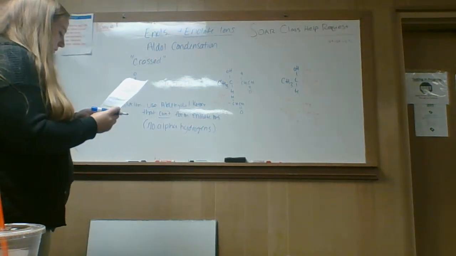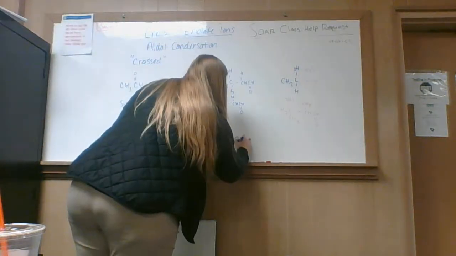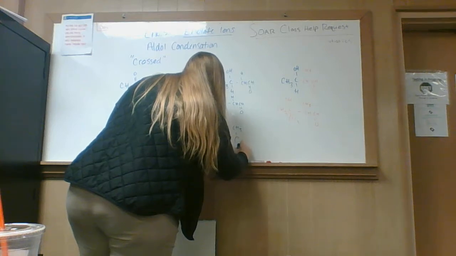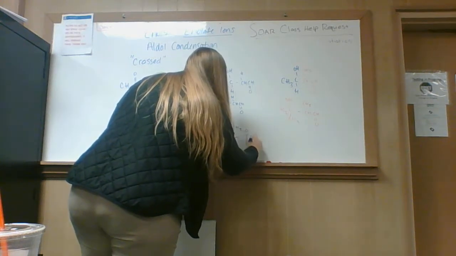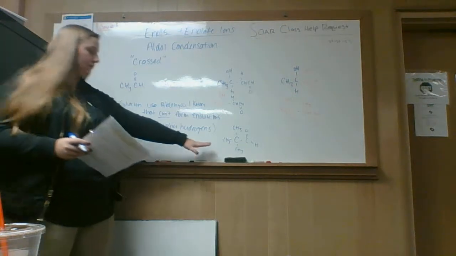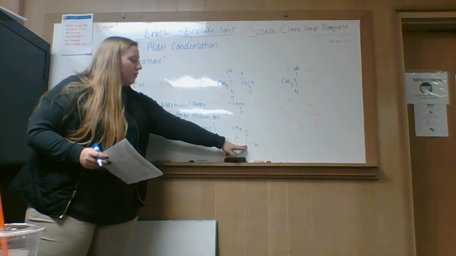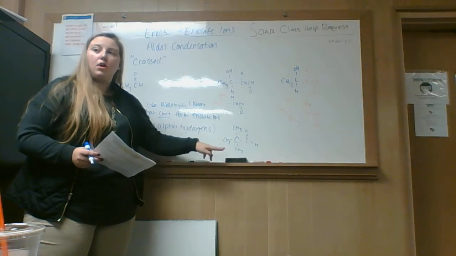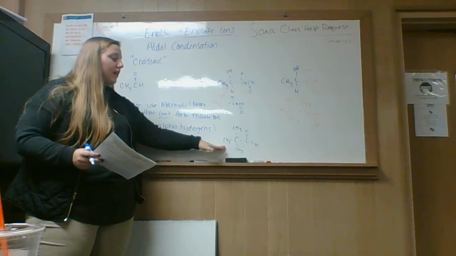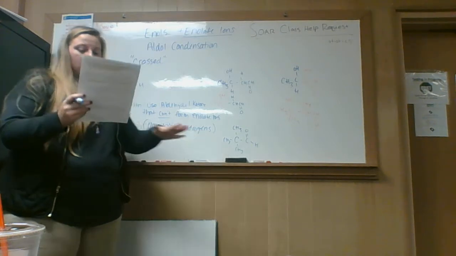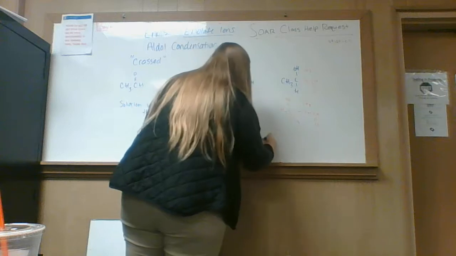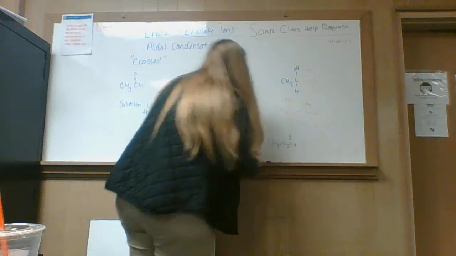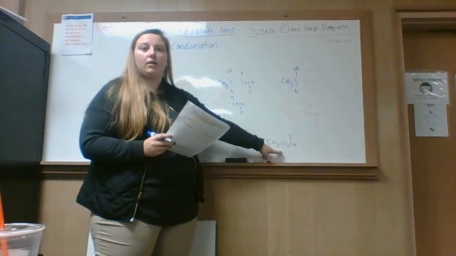An example of that would be something like this. Here's our carbonyl group, here's our alpha carbon. This alpha carbon is only bonded to other carbons, no hydrogens. So this can't form enolate ions. Whatever it reacts with is the one that's going to form the enolate ion.